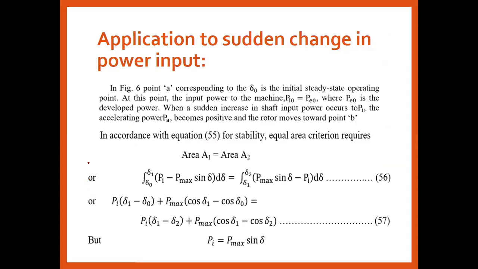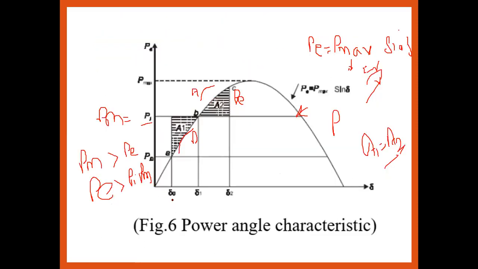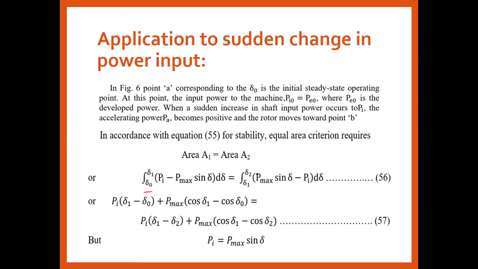In accordance with the equation for stability, the equal area criterion requires area A1 equal to area A2. So what is area A1? It is the integral from delta 0 to delta 1 of (Pi minus P max into sine of delta) d delta, and area A2 is the integral from delta 1 to delta 2 of (P max sine of delta minus Pi) d delta.